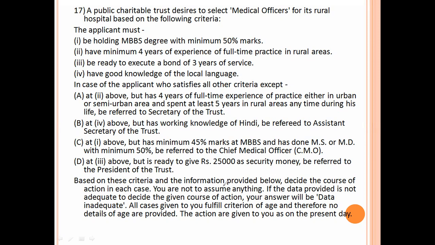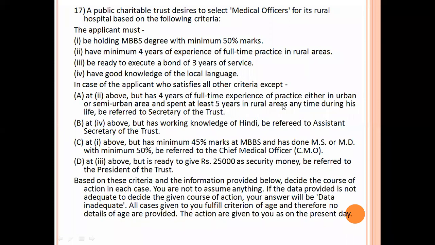In each case, we are not to assume anything if the data is not adequate to decide the given course of action. Your answer will be data inadequate. All cases given fulfill the criteria of age, and therefore no details of age are provided. The actions are given as on the present day.